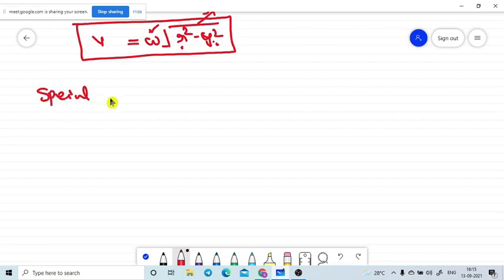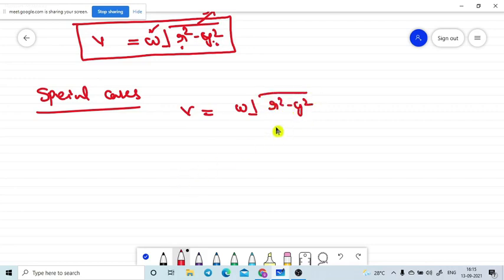Special cases. Now we know the velocity formula is omega times square root of R square minus y square. Our goal is to identify V maximum. That is the first condition: V maximum.